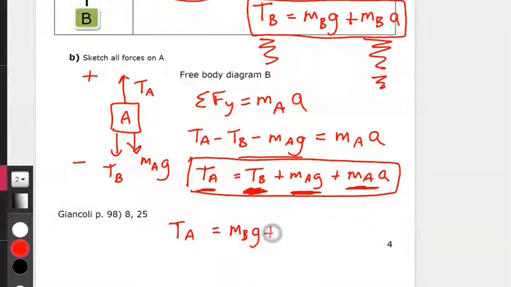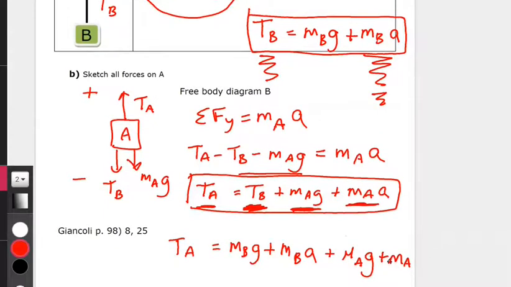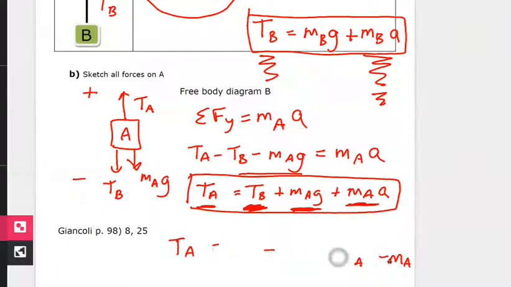MBG, the weight of B, plus MBA, the accelerating force on it, plus MAG plus MA, the acceleration. Well, let's clean this up a little bit because I ran out of room.